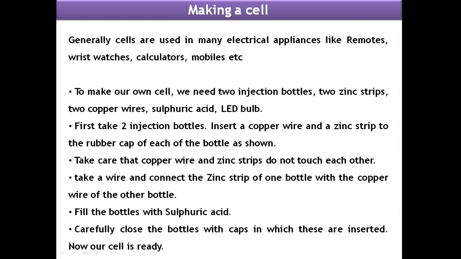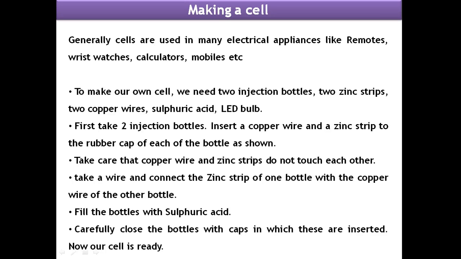The outer covering of the cell is made of zinc, and we need to cut it into strips 2 mm wide and 3 centimeters long. We cut 2 strips from the zinc shell of a consumed cell, and we also need 2 copper wires of 3 centimeters length each, sulfuric acid and an LED bulb.